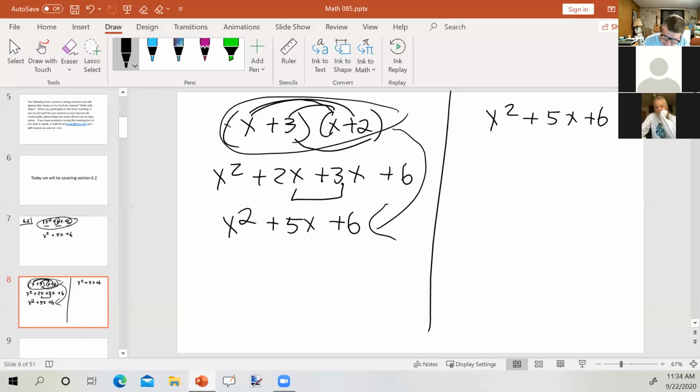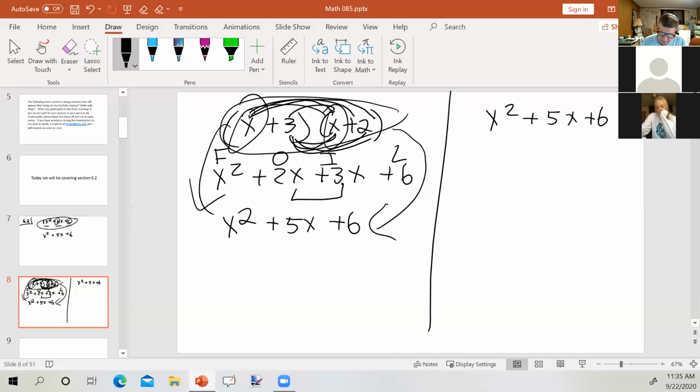Going this way, the whole FOIL idea: first times first, that's F, and then outer times outer, that's the O for the outer. Inner times inner is I, and last times last is L. That's where we get FOIL. So first, outer, inner, last.